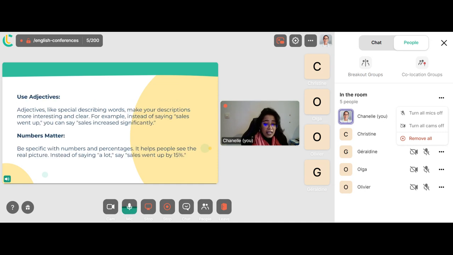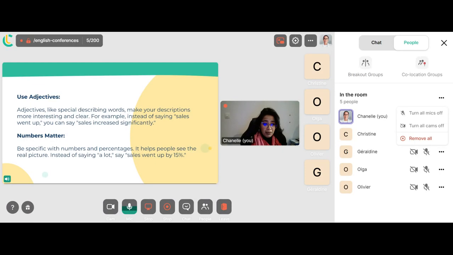With our use of adjectives, like special describing words, make your descriptions more interesting and clear. For example, instead of saying sales went up, you can say sales increased significantly.